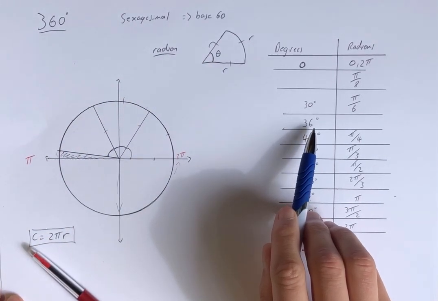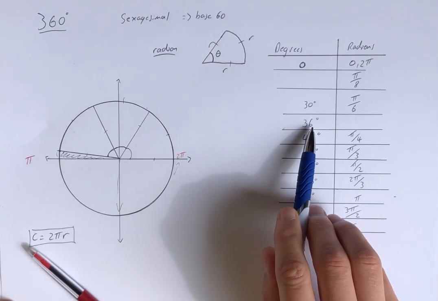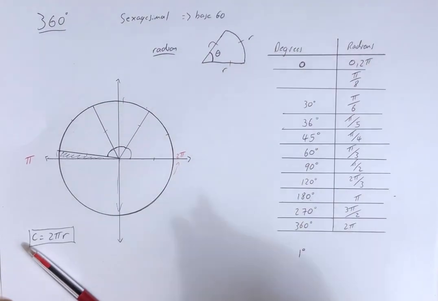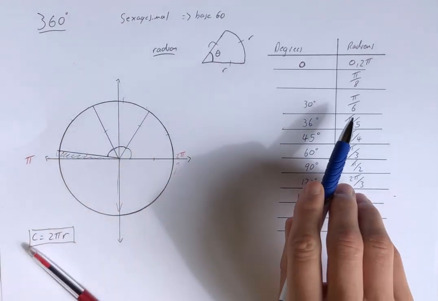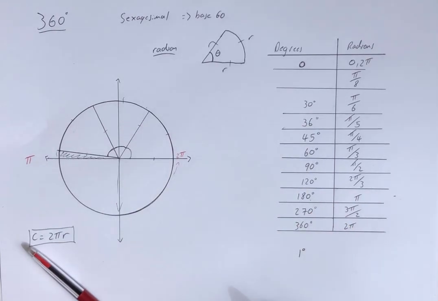36 degrees is an interesting one. That you would find is pi over 5. Right, it's 1/5 of the way to pi. Pi divided by 5. 180 divided by 5 is 36.